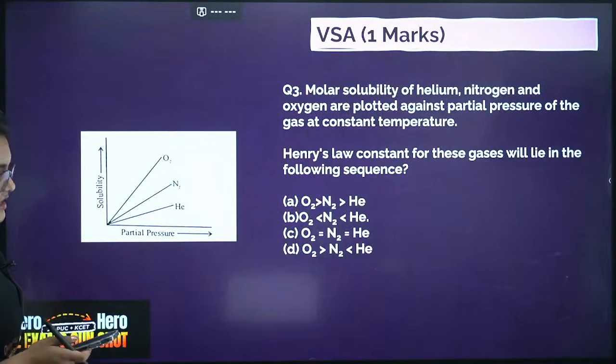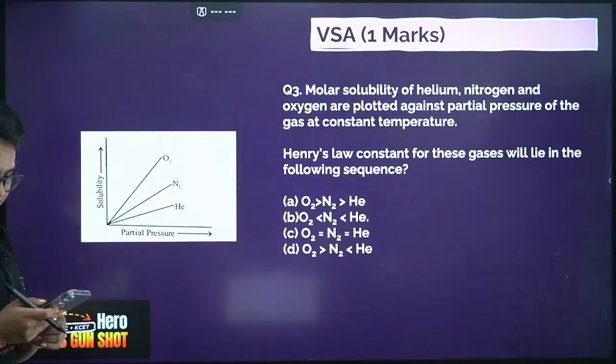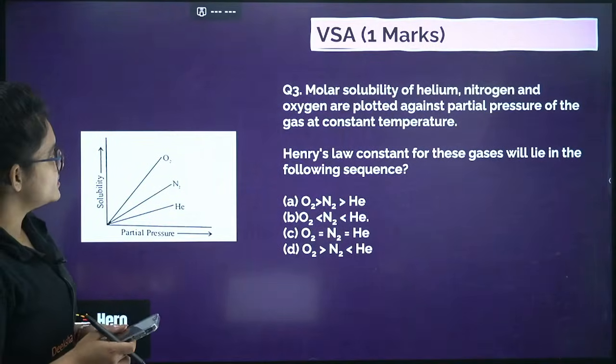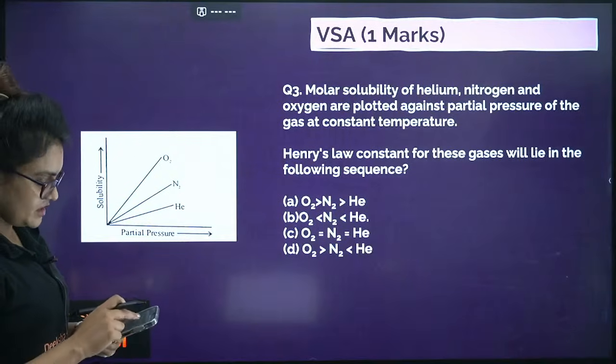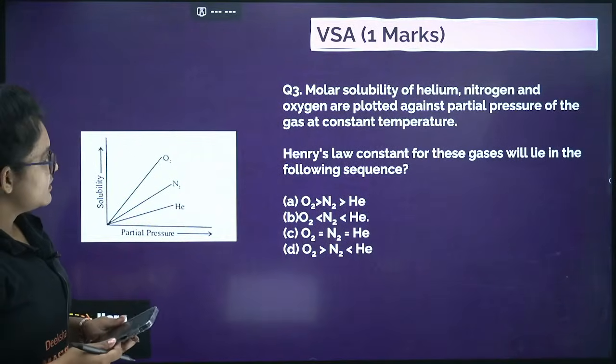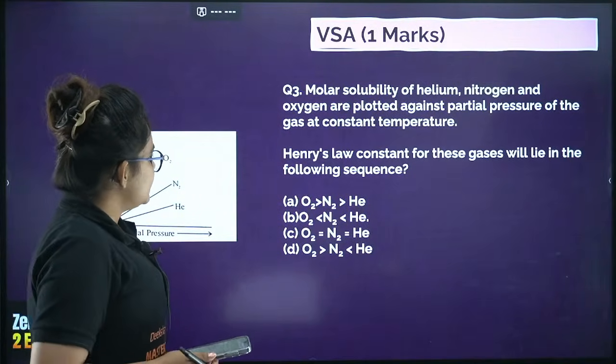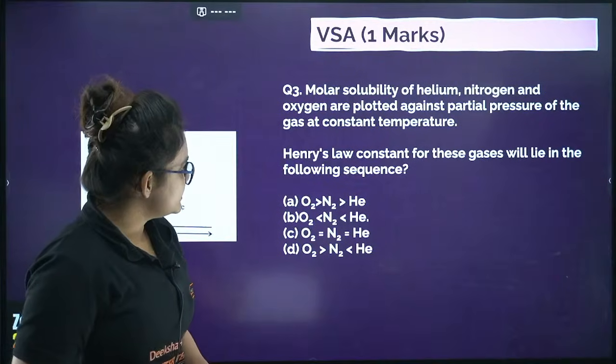Okay, so here comes, this is also a board question. Molar solubility of helium, nitrogen and oxygen are plotted against the partial pressure of the gas at constant temperature. Henry's law constant for these gases.